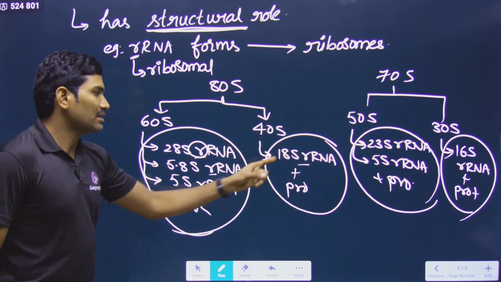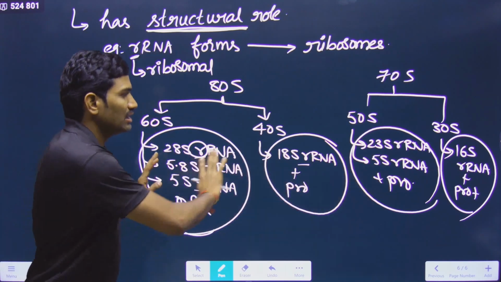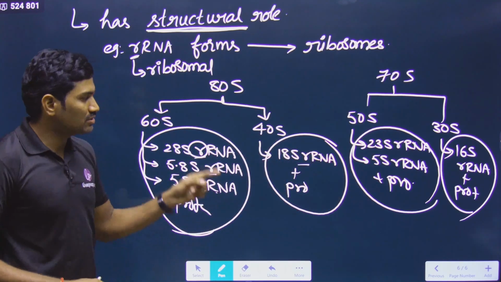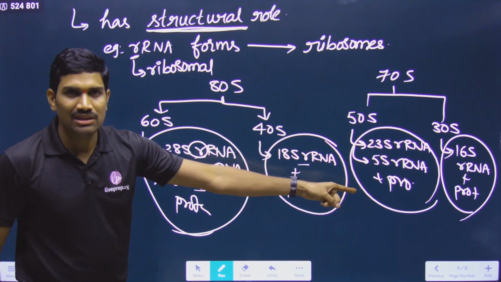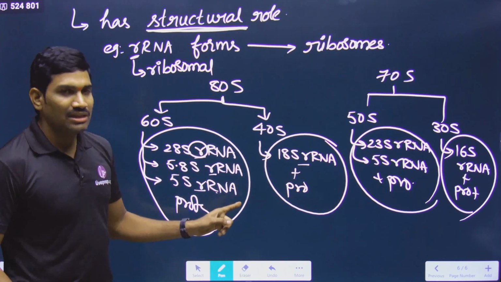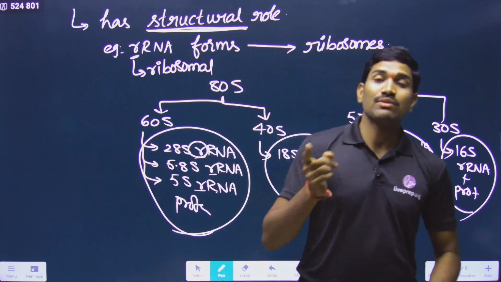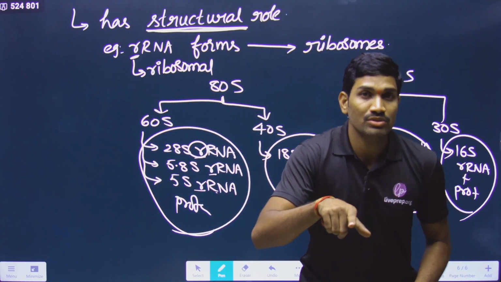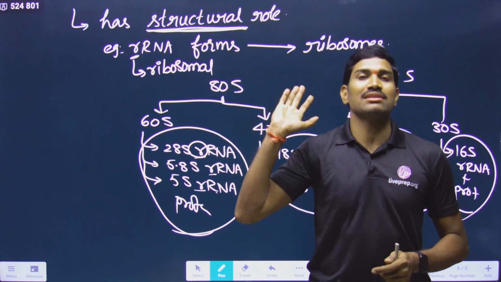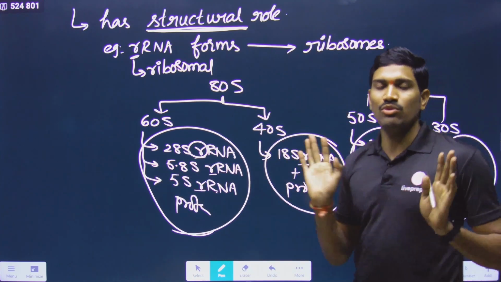All these rRNAs you should compulsorily remember. Anyhow, here I don't want to give the full details because you have already studied these under the cell chapter. I will tell these things once again in this chapter, when we study ribosomes just before the translation process, with more details.